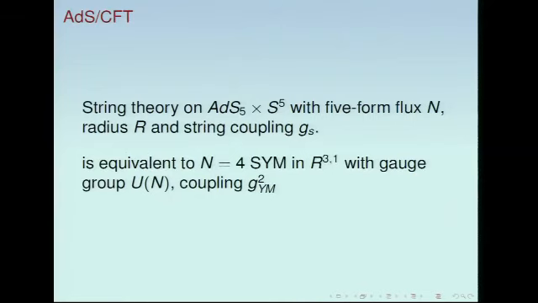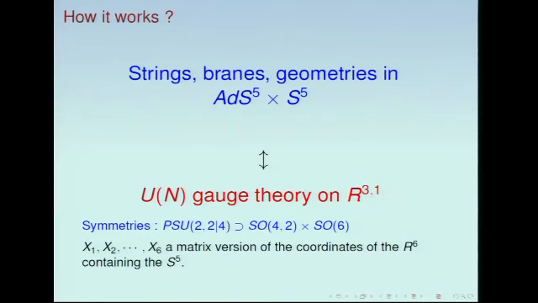Okay, so the setup is string theory on AdS5 × S5 with the 5-form flux N, radius R, string coupling, dual to N=4 super Yang-Mills with U(N) gauge group. This rather remarkable duality involves a whole load of things in AdS5 × S5.